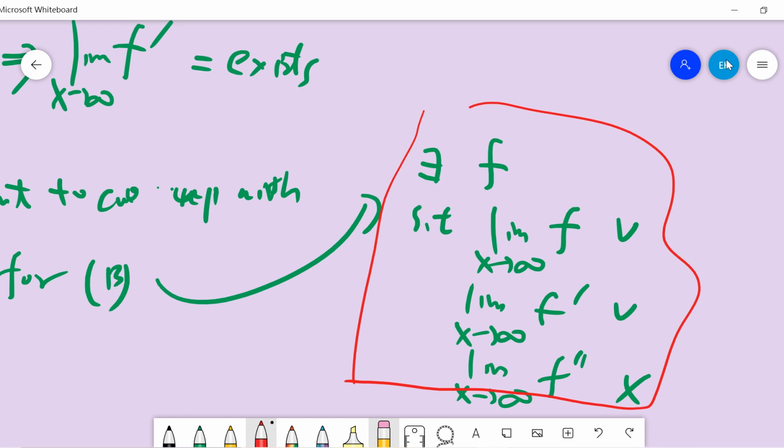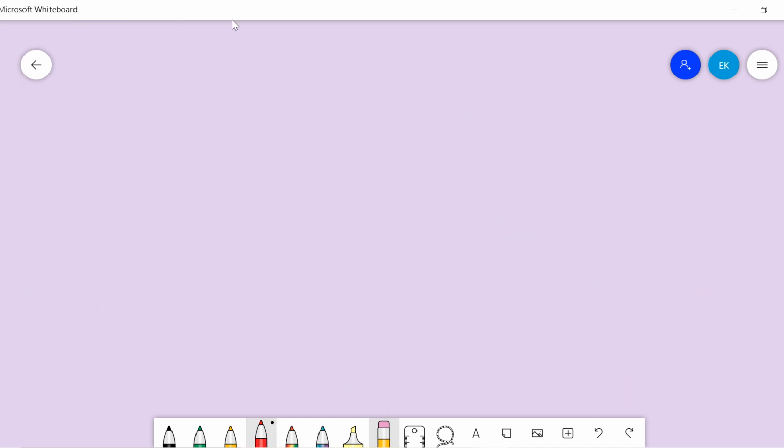So we need to find a function which satisfies this property. It took me a while of trial and error, and I think I found a function. What we want is that as x goes to infinity, the double prime oscillates a lot. When I think of oscillation, I think of trigonometric functions. So one I came up with is f of x equals x to the power alpha, times sine of x to the alpha. I don't know what alpha is yet. If I make different choices of alpha, then f prime and f double prime can have different behavior.